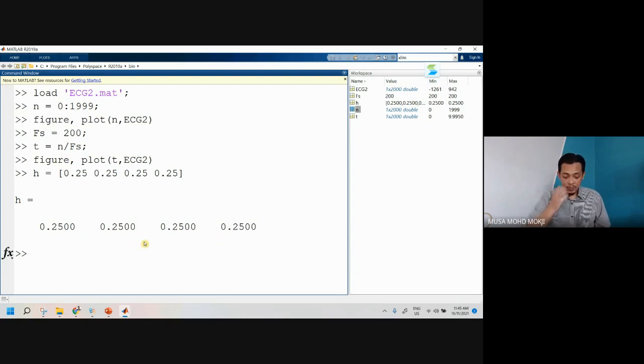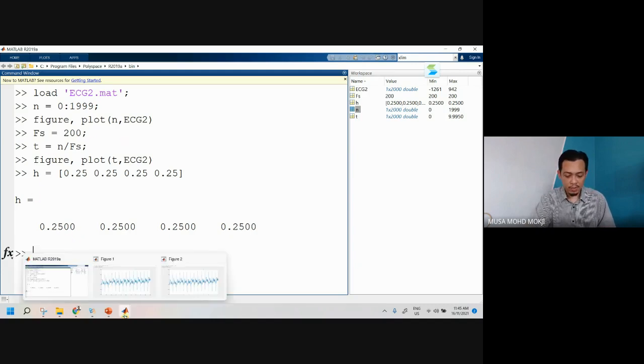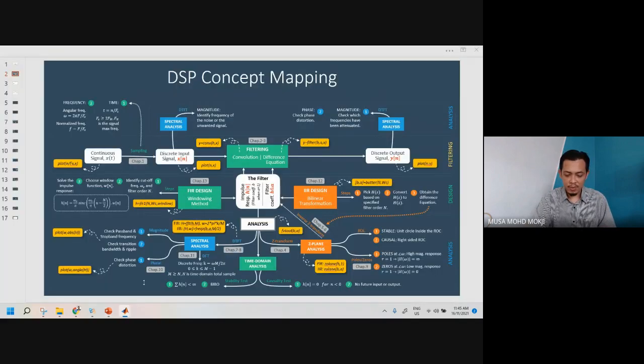So after we have this H, actually we have everything already. How to do filtering? We just need the input, and then we have the filter, which is the impulse response h(n). Because this is FIR, you can choose either to do convolution or difference equation. If you want to use convolution, you just do this, conv. If you want to solve the difference equation, you do this, filter.